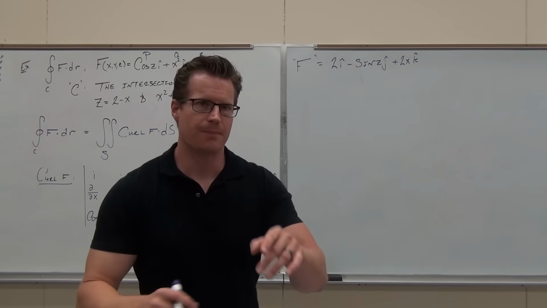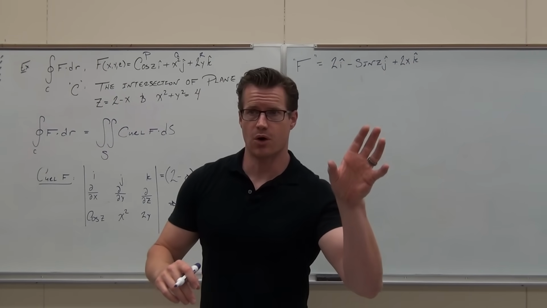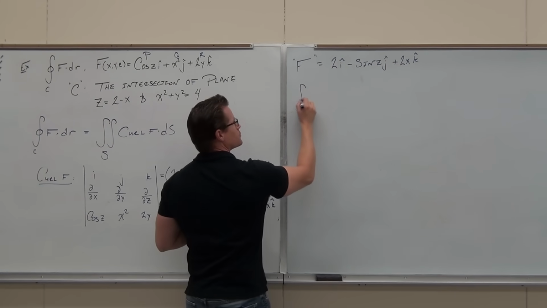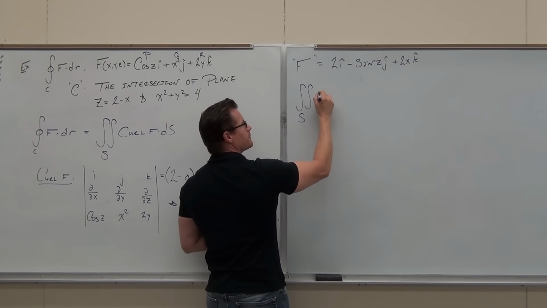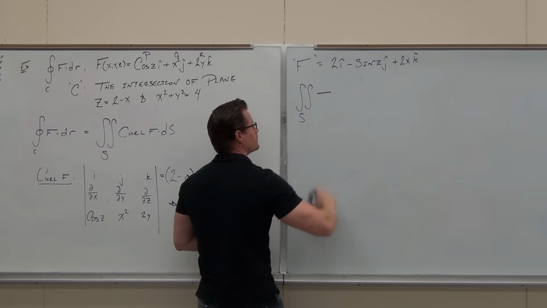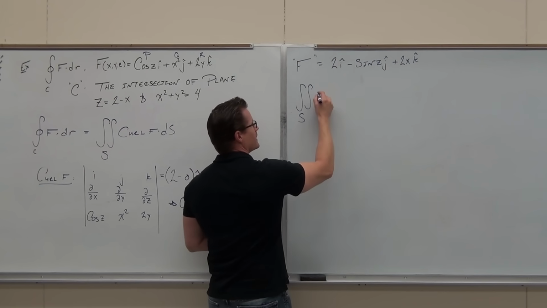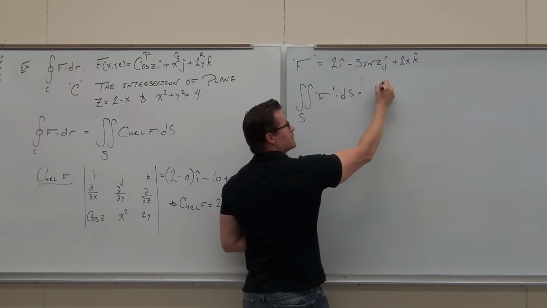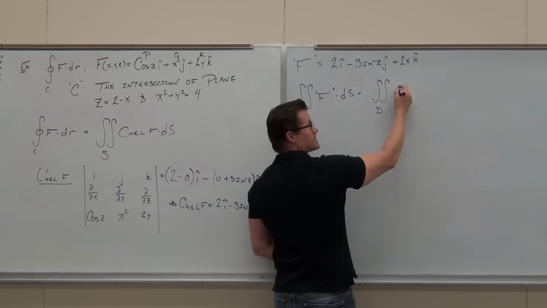Well, if we do that, then we can start labeling P, Q, and R. Then we can start changing this into this.